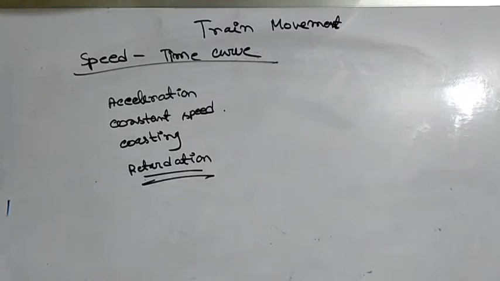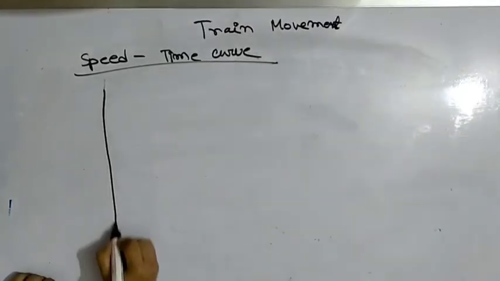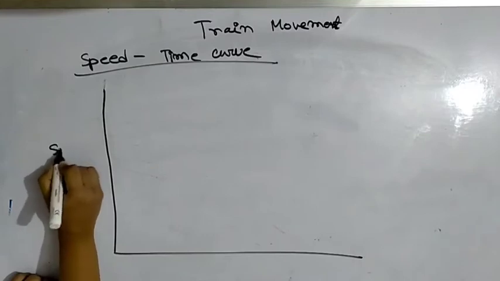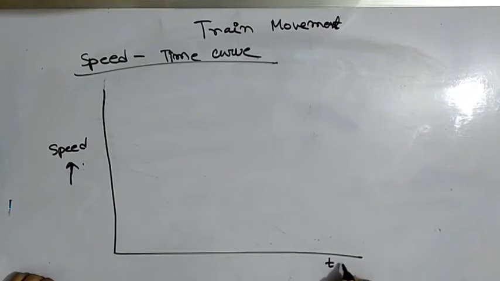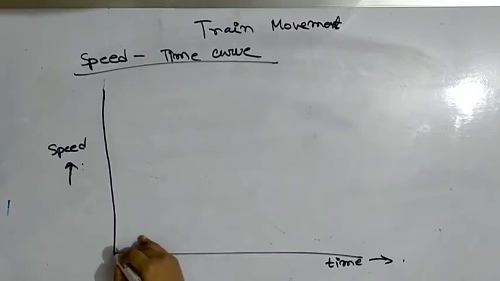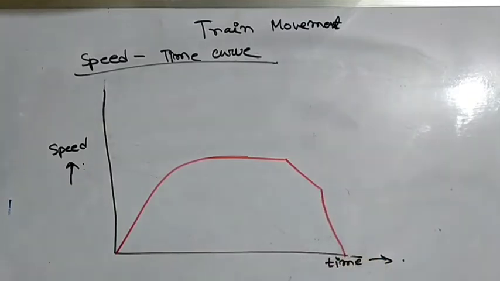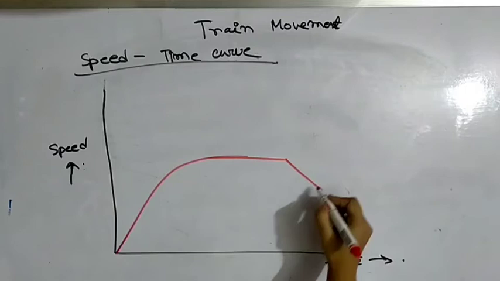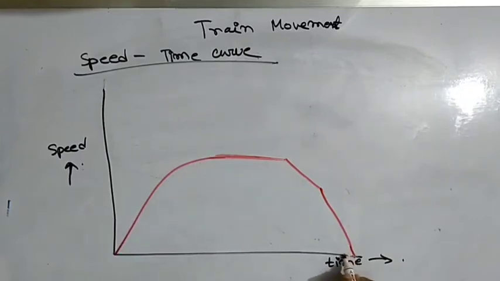So, first I draw a typical speed time curve. The y-axis represents speed and the x-axis represents time.